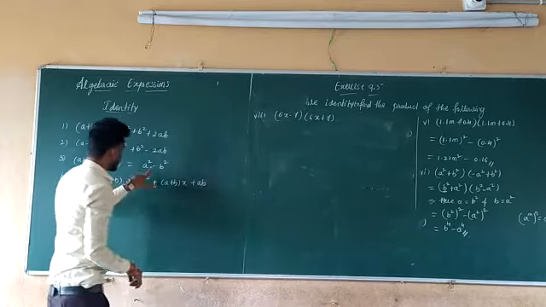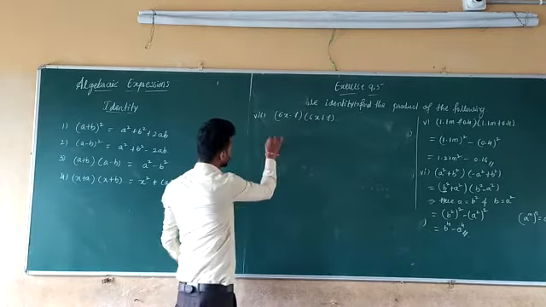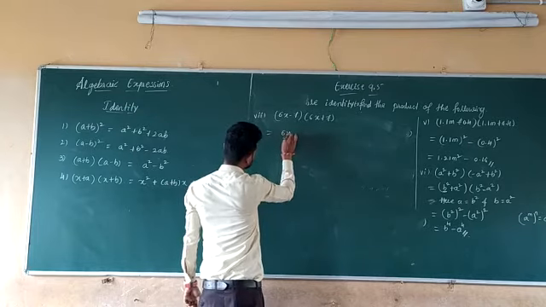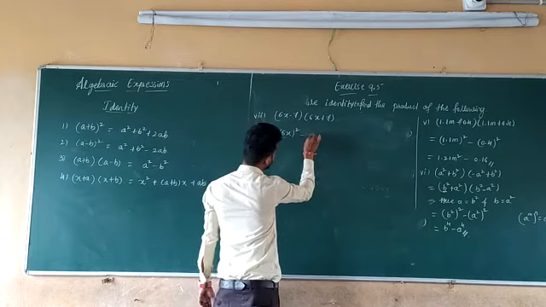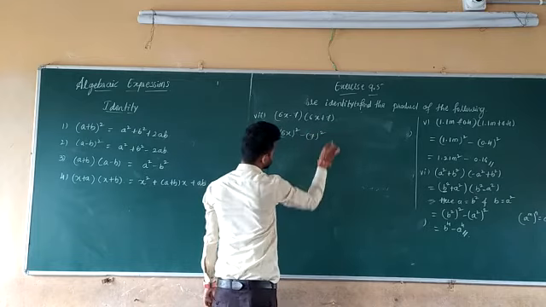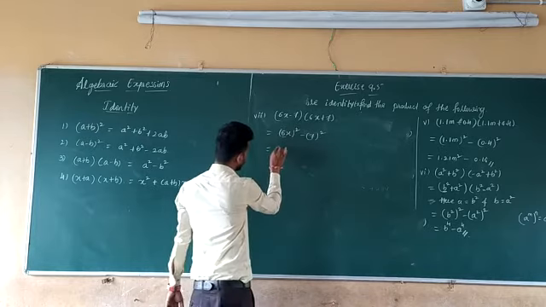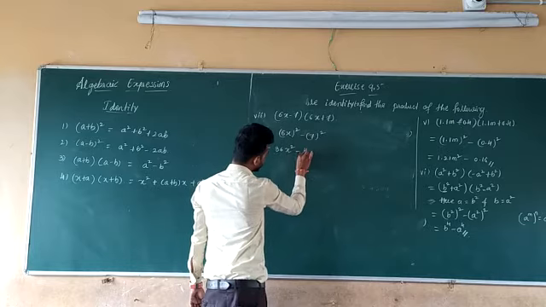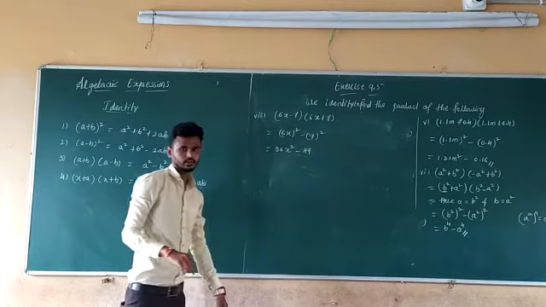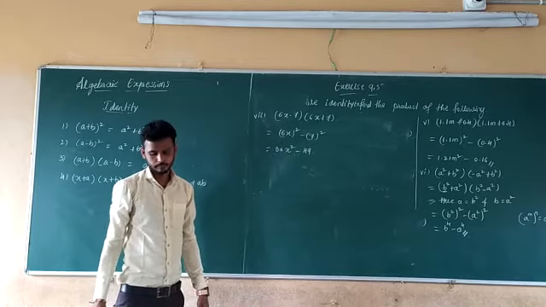What is that identity? a square minus b square. a means 6x, b means 7. So 6x whole square minus 7 square, which is 6 square, 36 x square, minus 7 square, 49. So the answer is 36 x square minus 49.